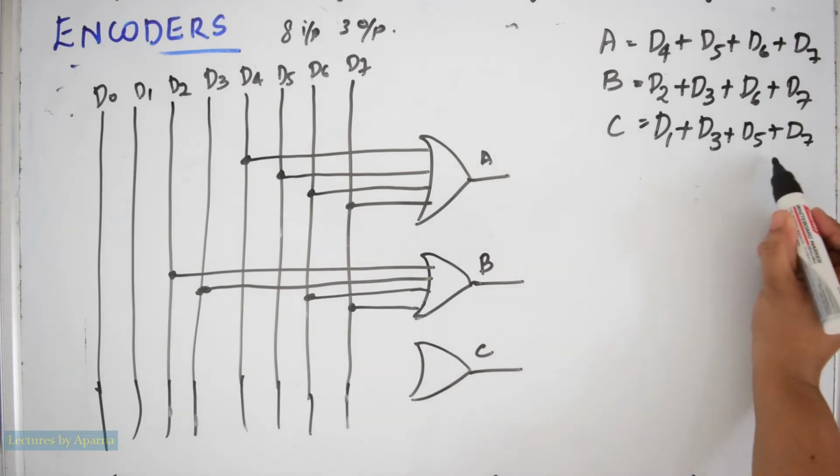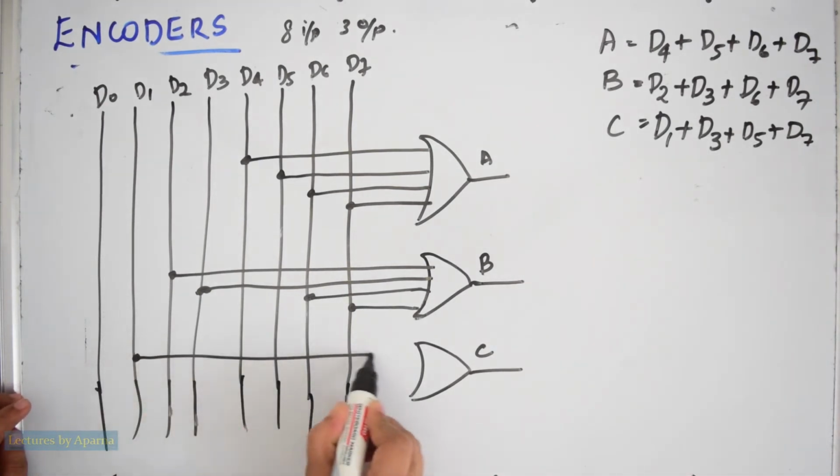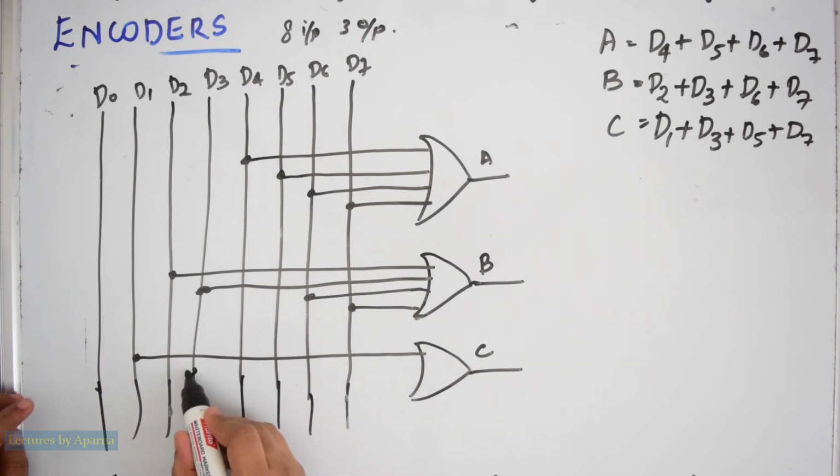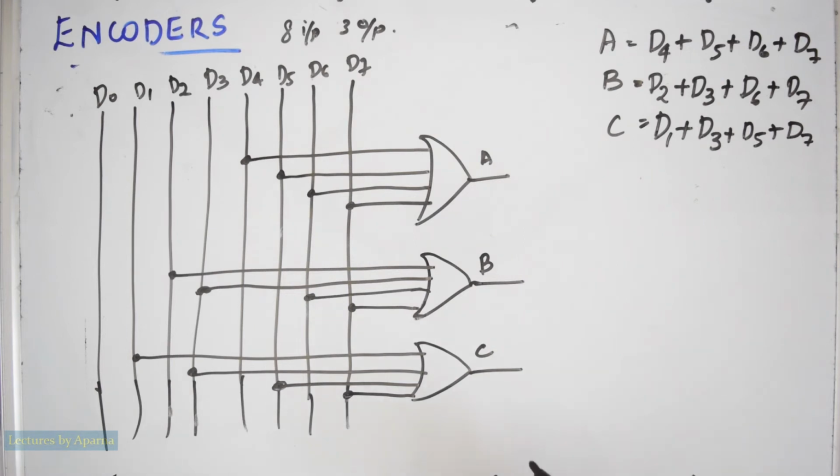To the third OR gate, D1 is here, D3, D5 and D7. So this is how this encoder is implemented using logic gates.